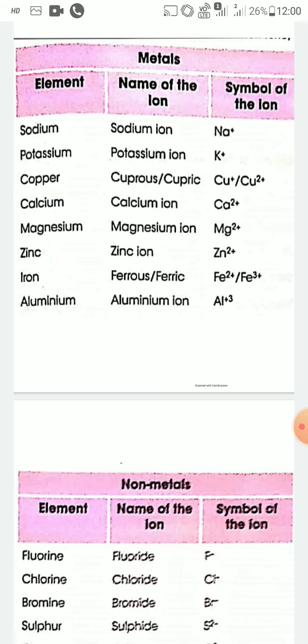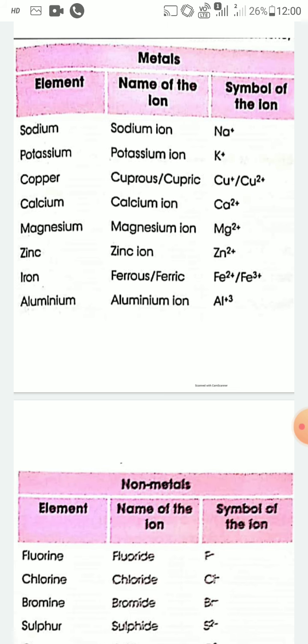That's why they are known as cuprous and cupric. The symbol of the cuprous ion is Cu+, and the symbol of the cupric ion is Cu2+.